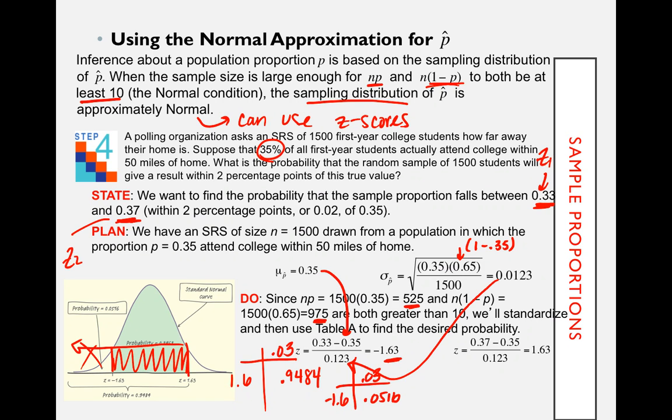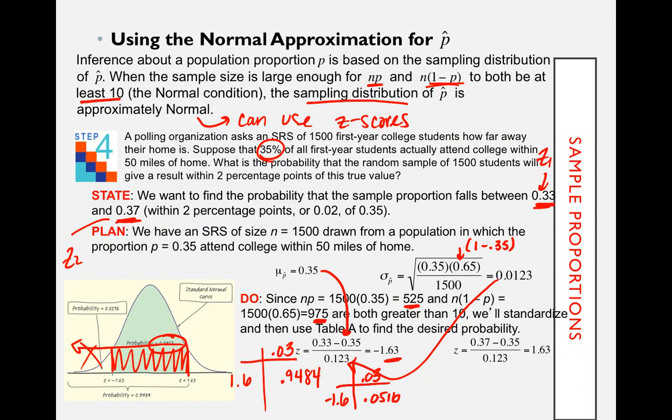And so this area in between is going to be roughly 89%. It's the difference between the 94.84% and 5.16%. Subtracting these two values will give that probability here.